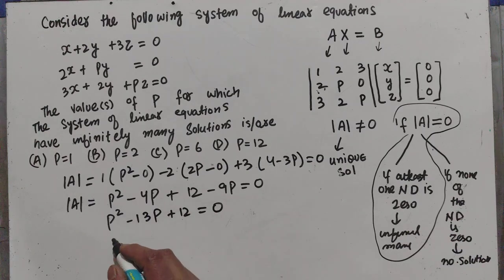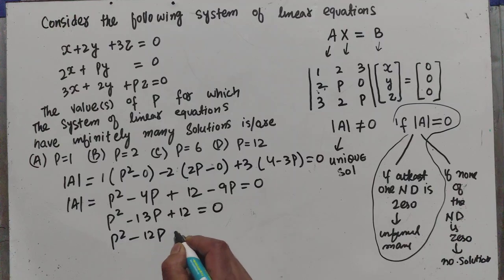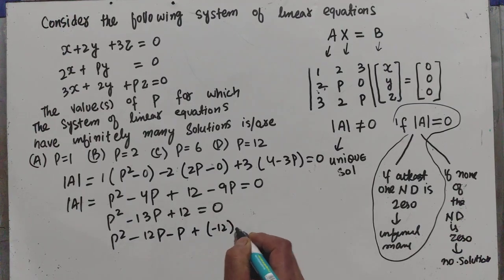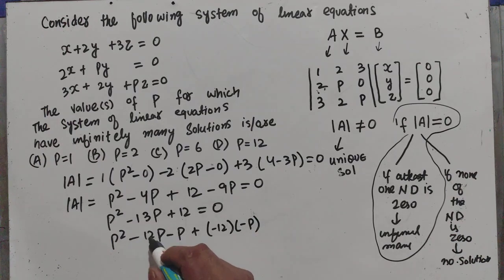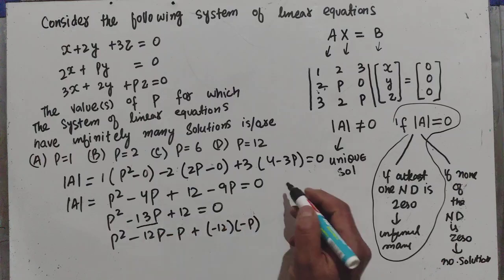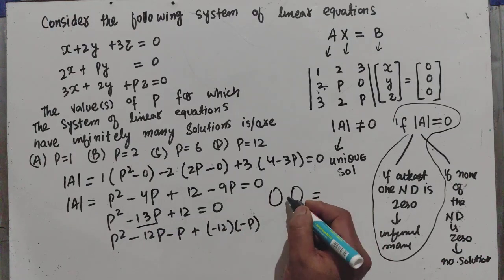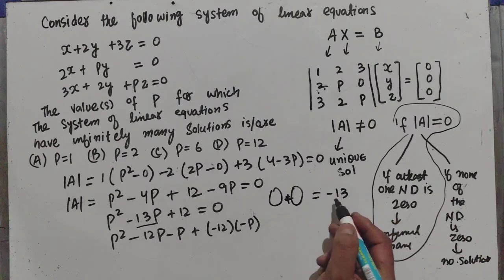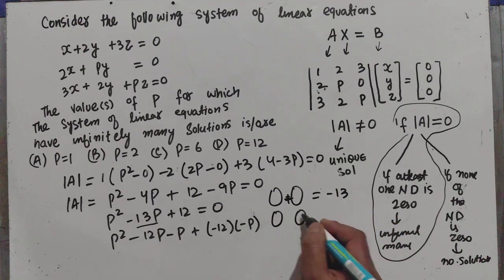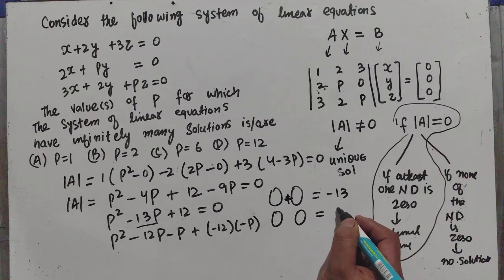Factor this out. So we will get p square minus 12p minus p plus 12. What we have done, we separated the middle term in such a way that the sum of the two numbers should be equal to minus 13, and the product of the same two numbers should be equal to 12.